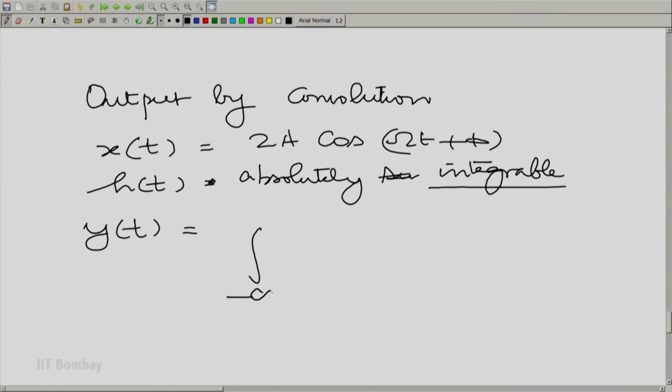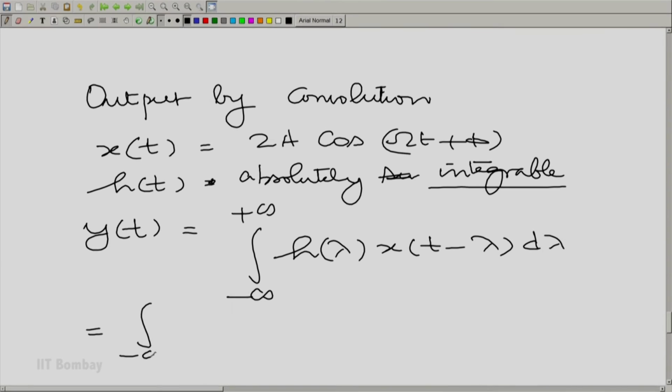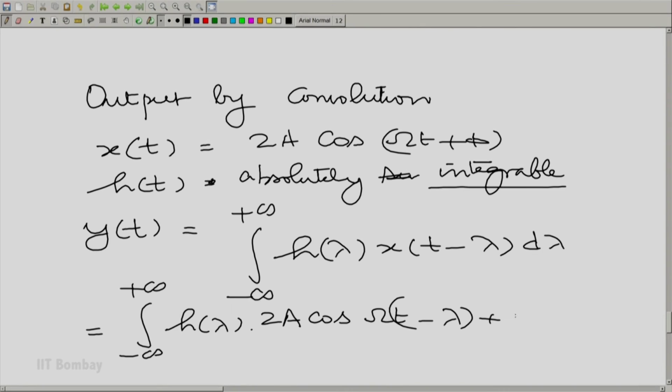The output is going to be y(t), and here I will use this form, integral of h(lambda) x(t minus lambda) d lambda, which is the integral from minus infinity to plus infinity of h(lambda) 2A cos(omega (t minus lambda) + phi) d lambda.